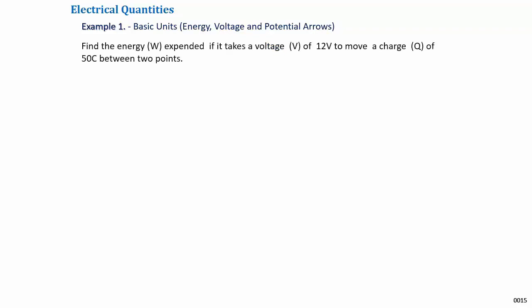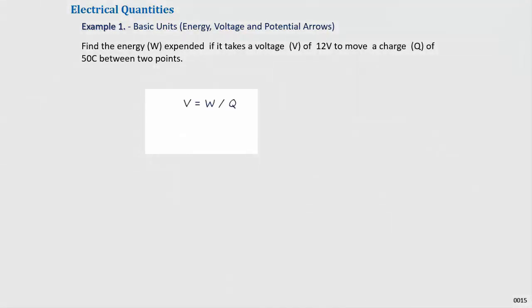The following example is in the accompanying workbook, Basic Units, Energy, Voltage and Potential Arrows. To calculate the energy expended, if it takes a voltage of 12 volts to move a charge of 50 coulomb between 2 points.